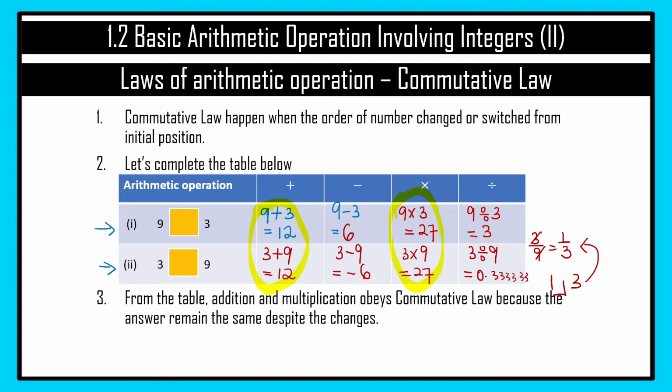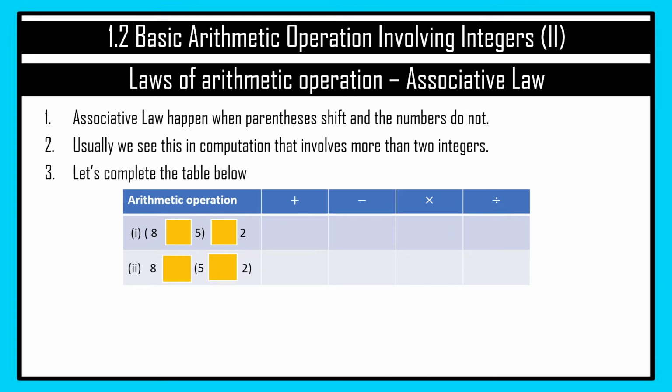Next one, let's see associative law. Associative law happens when there is parenthesis. Parenthesis means bracket. Don't ask me why they don't use the word bracket.